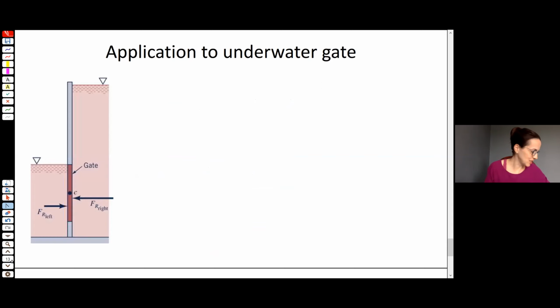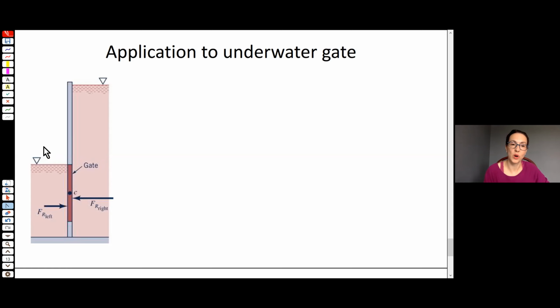All right, so let's look at these ideas applied to an underwater gate. If you look at the figure on the left, on the left side of the gate you've got water, but it's not to a very high height. So this is something like a dam, right? And on the right side, you've got water also, but at a much higher height.